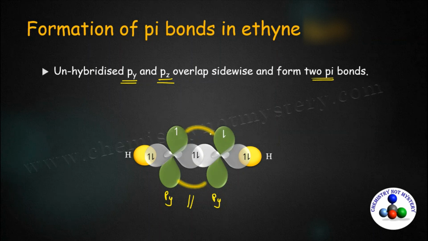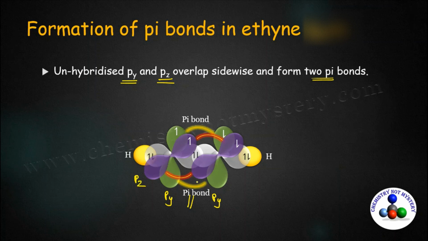So by the sidewise overlapping, they result in the formation of the first pi bond. And the second pi bond is formed by the overlapping of pz atomic orbitals of both carbons. These pz atomic orbitals are also parallel to each other and perpendicular to the plane. They both contain a single electron. So they can do sidewise overlapping and result in the formation of the second pi bond.